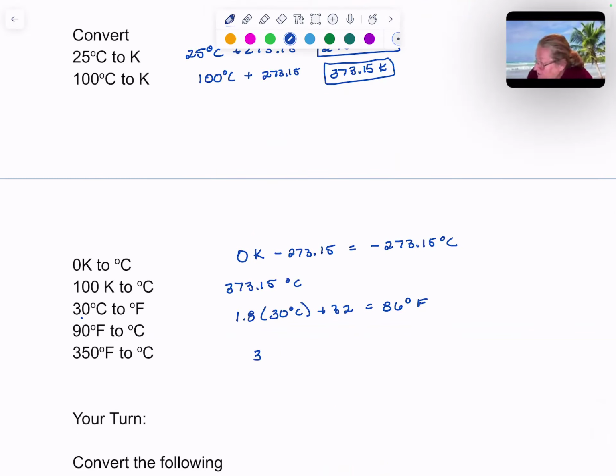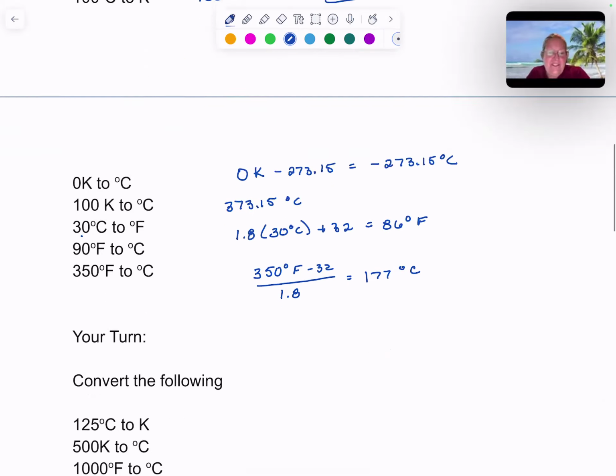So we're going to take 350 degrees Fahrenheit minus 32. I'm going to divide that whole thing by 1.8. And that's going to give you 177 degrees Celsius.